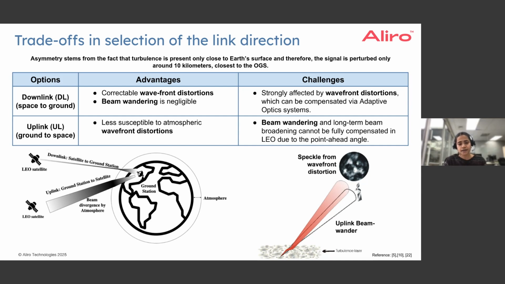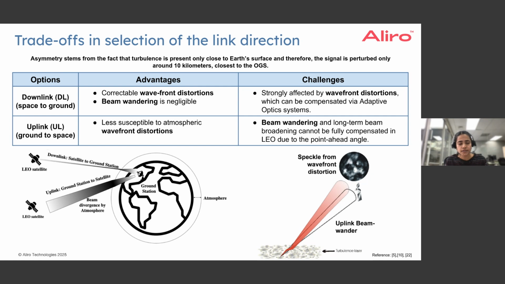And that is pronounced as the beam coming from the satellite to the ground station is going to traverse the last 10 kilometers. So here, this wavefront distortion can in fact also be corrected using an adaptive optics system. So that is an aspect that we can correct for currently fairly well.